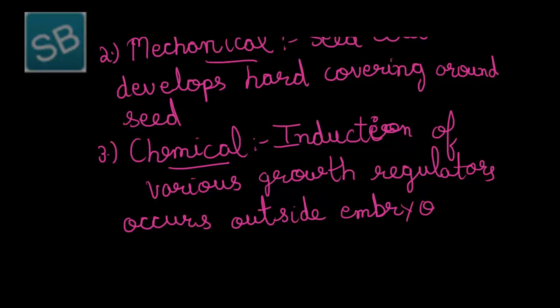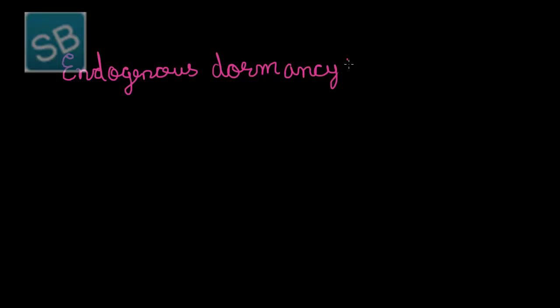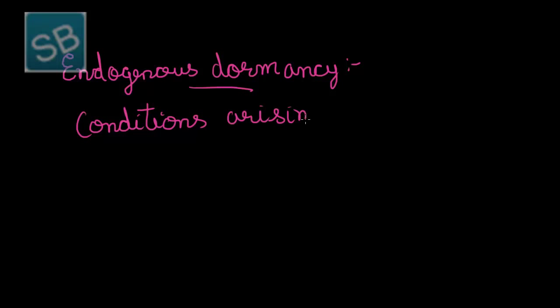Then comes the second type of dormancy, endogenous dormancy. This type of dormancy is entirely opposite to that of the previous one, because in this, conditions arising within the embryo cause dormancy of this type.